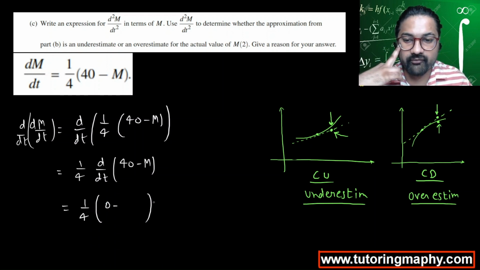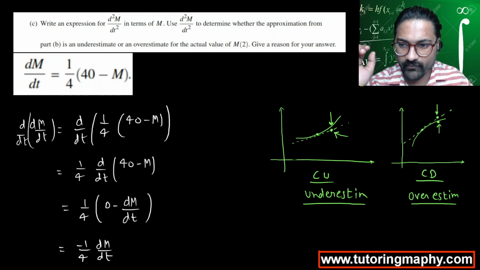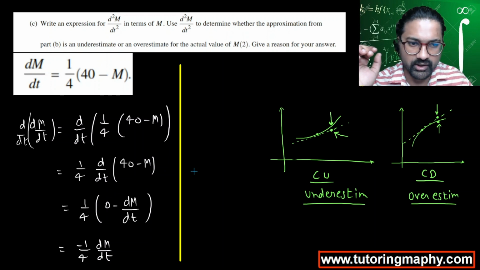And what is the derivative of m? Remember, that's not 1. Because that is a derivative with respect to t, we've got to find the derivative with respect to t. So that is just dm over dt. Right, this is what we have to be careful about. So this is negative 1/4 of dm over dt. That's what we have. Running a little short on space. Let me separate my work over here. I hope I can do it in this much space.